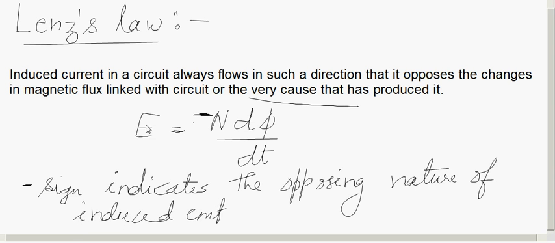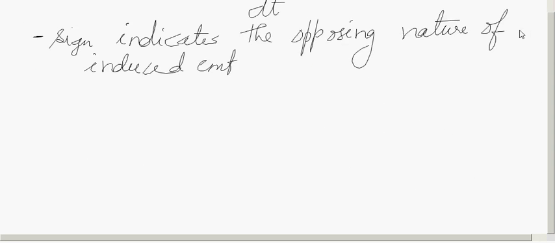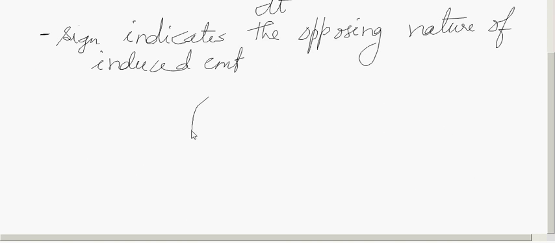And now let me explain what exactly this is. How can we determine the direction of induced current? Let us say that we have a coil over here and a magnet is moved towards the coil, with north pole here and south pole on the opposite side.